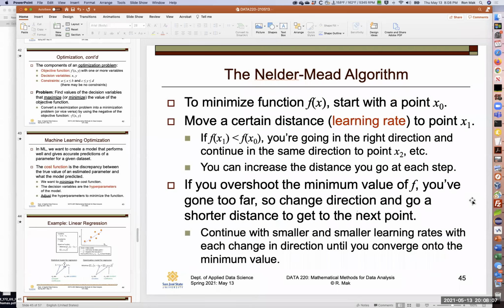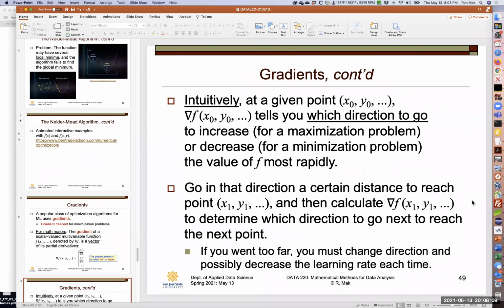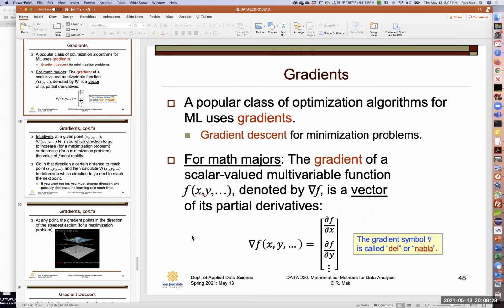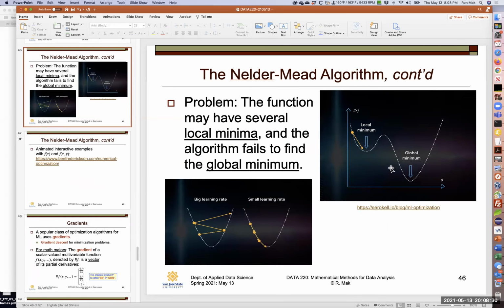And there is actually a library that does that, scipy.optimize least squares. There's also a global optimization problem that I'm going to show you, and that is given a function that has multiple minima, can we find the global one?